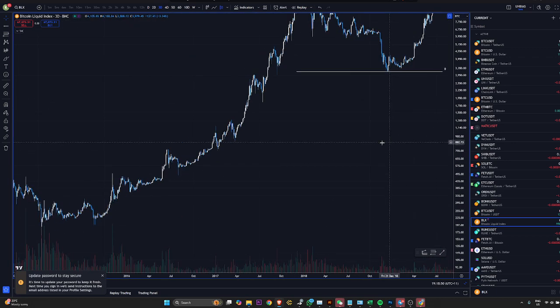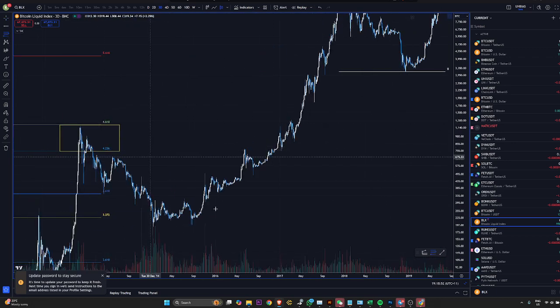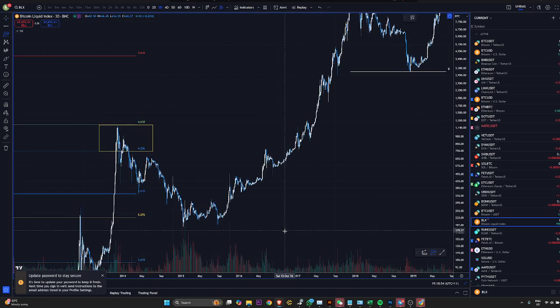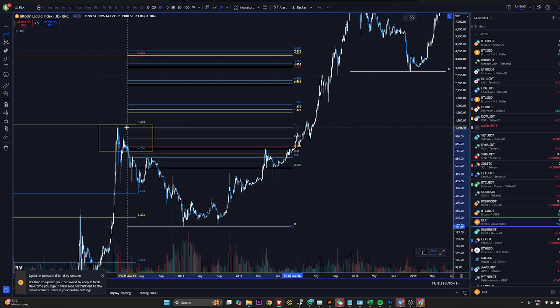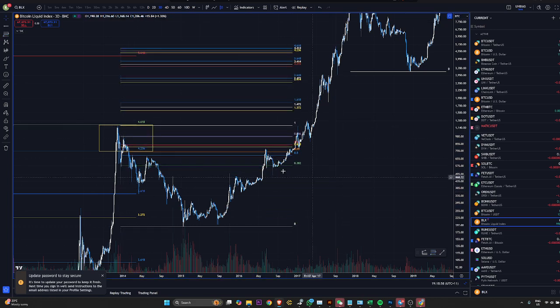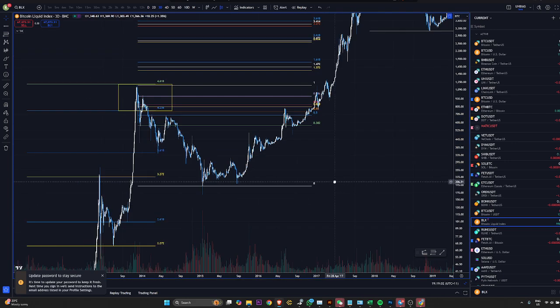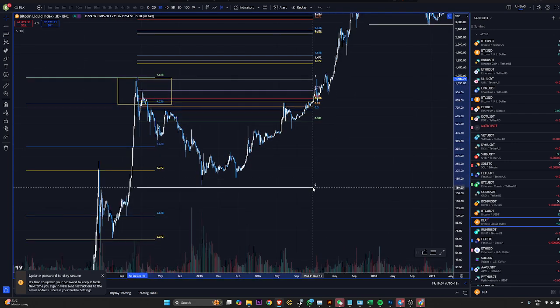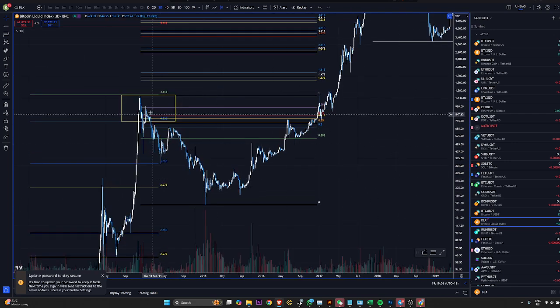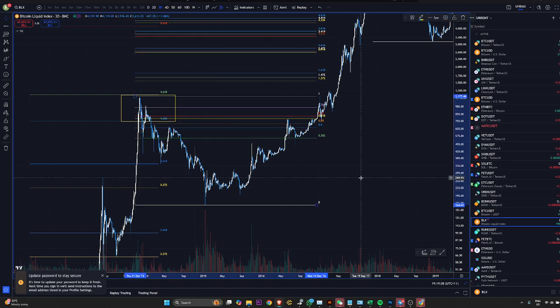But what you want to notice here is that Bitcoin respects this area, and traditional markets also do this. They respect the 0.618 level quite closely, right?